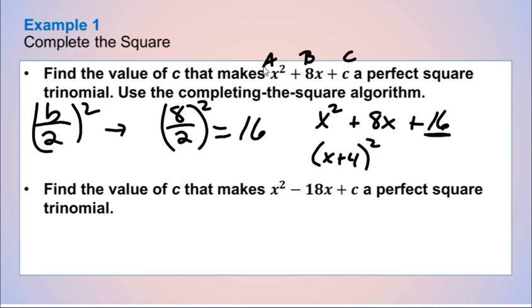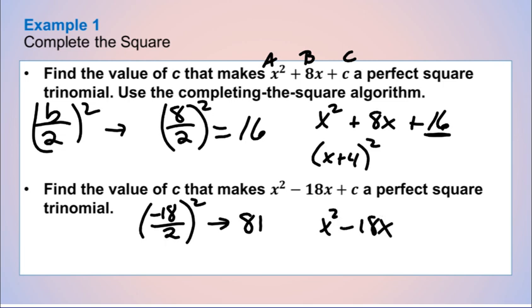The second one, I have my b is negative 18 divided by 2, and I have to square it. Half of negative 18 is negative 9. Negative 9 squared is 81. So my quadratic would be x squared minus 18x plus 81. And if I were to factor this, this would be x minus 9 squared.